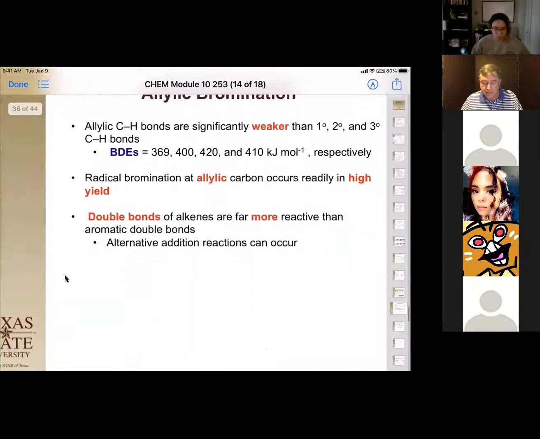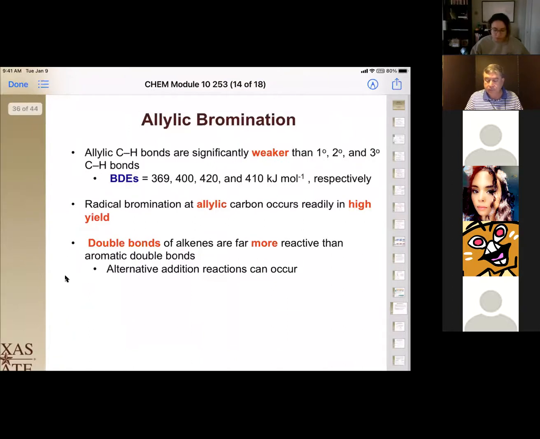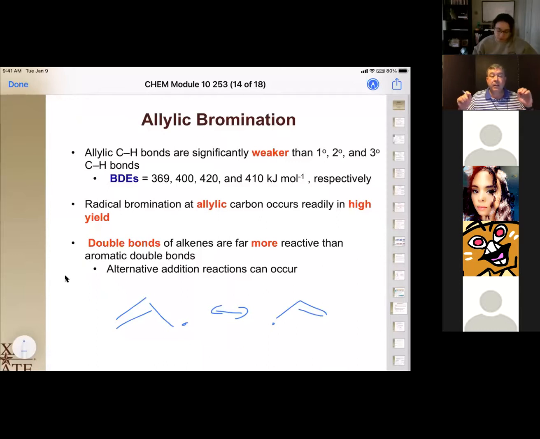In the allylic system, that's where we have our double bond here. And when we form our radical, we get a resonance structure that gives us a nice stable radical here. Because it forms this stable radical very, very easily, because these are fairly easy to dissociate, we see that we get a very high yield of the reaction because it's very easy to make this radical.